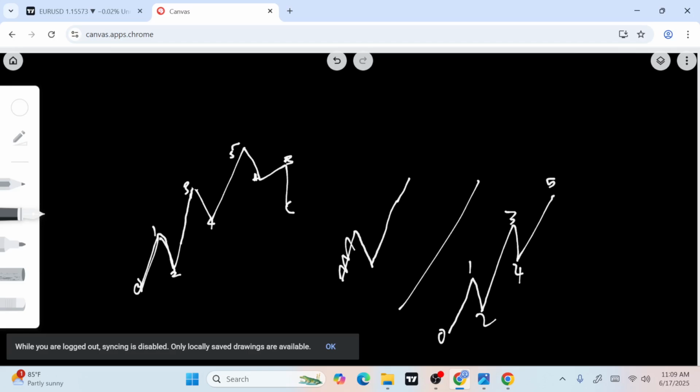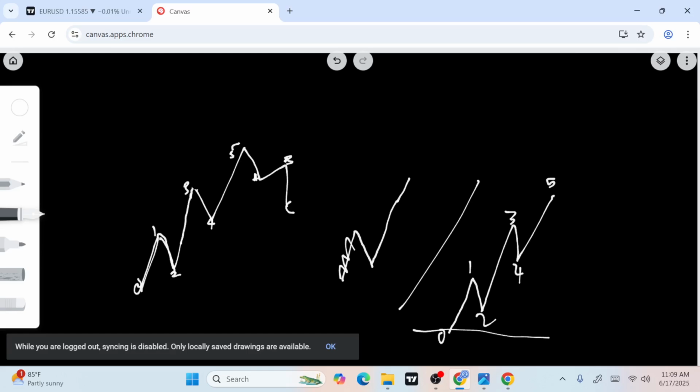So after you have gotten to the fifth movement of the Elliott wave theory, you can just place your Fibonacci to know the retracement. Most times the retracement gives you the ABC. Let's assume you place your Fibonacci from somewhere here.